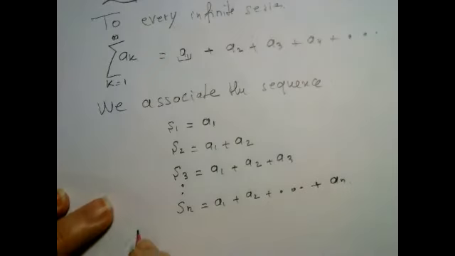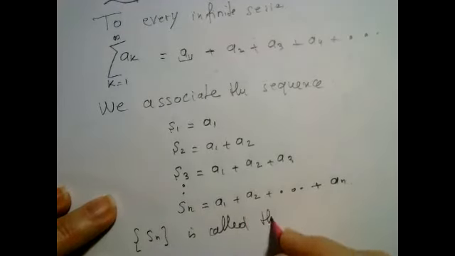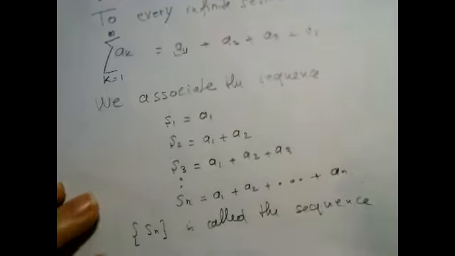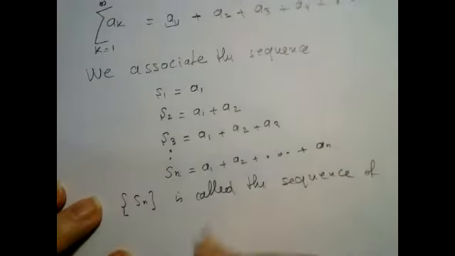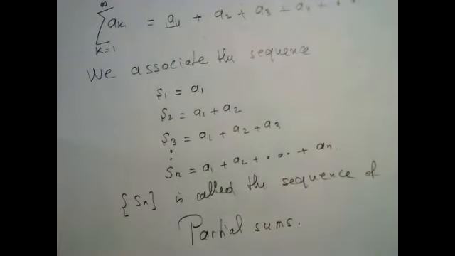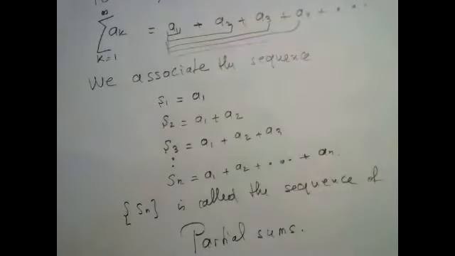Then the sequence Sn, so S1, S2, Sn, is called the sequence of partial sums. When we start adding, we get a bunch of numbers. This list is called the sequence of partial sums.